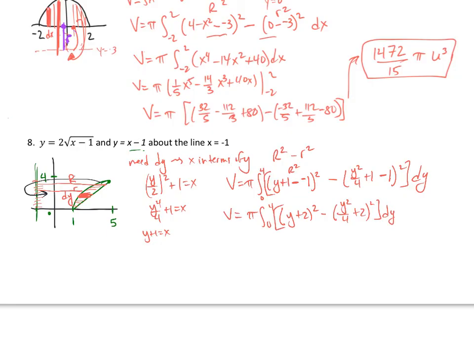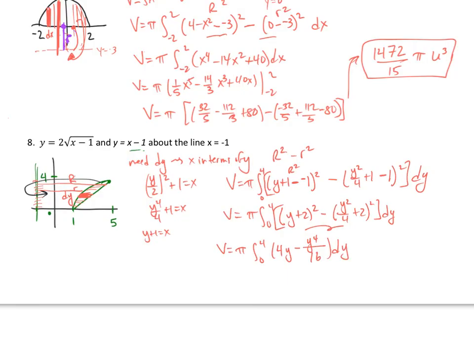Okay, let's FOIL all this out and combine like terms. I'll save you that hassle, and you end up with pi times the integral from 0 to 4 of, it cleans up really nice actually, 4y minus y to the fourth over 16 dy.